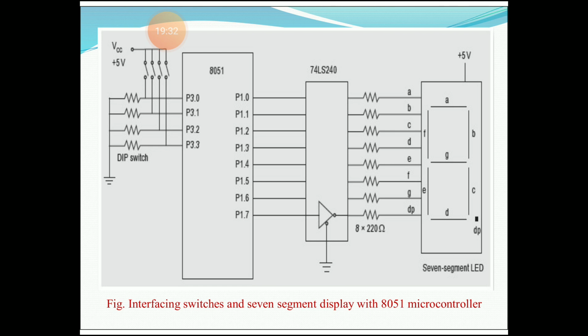That is, port 1's 8 lines carry the segment code corresponding to the BCD number and give it to the 7 segment display device through 74LS240.